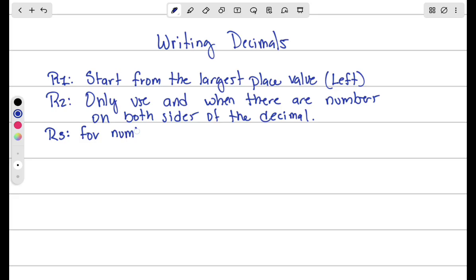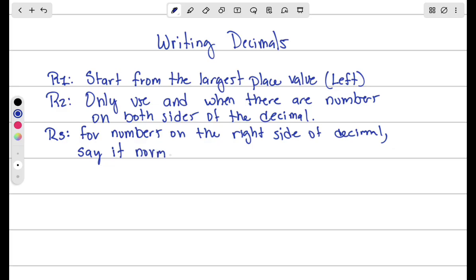For numbers on the right side of the decimal, say it the normal way.